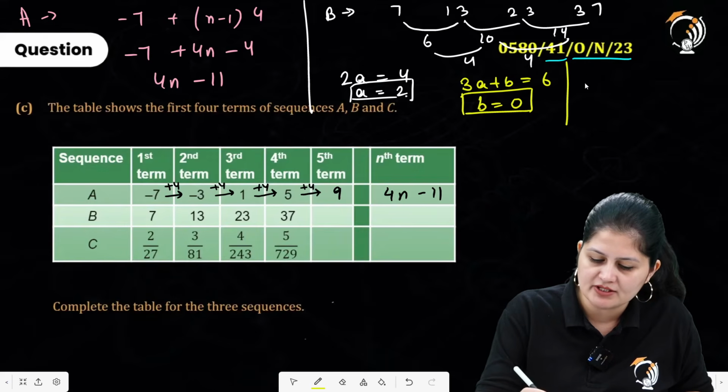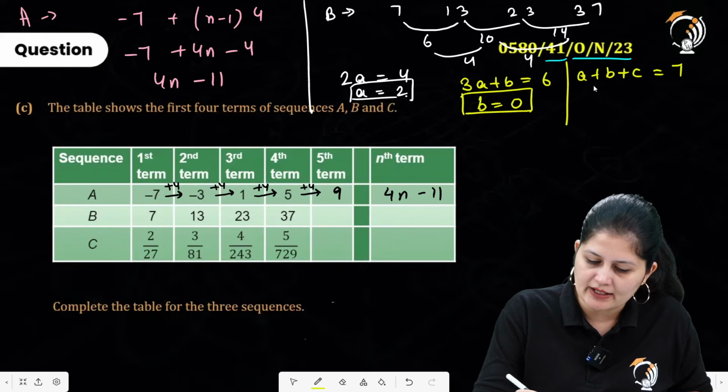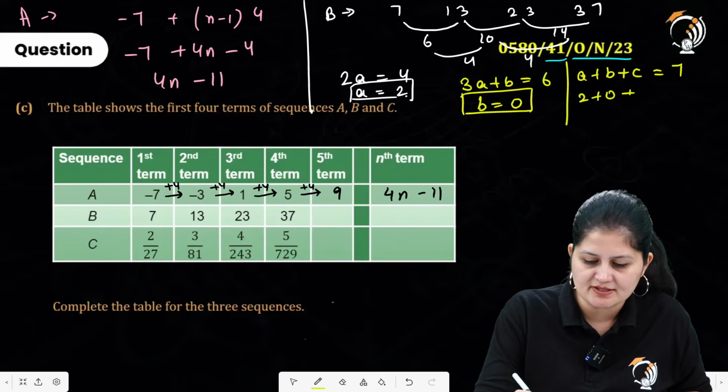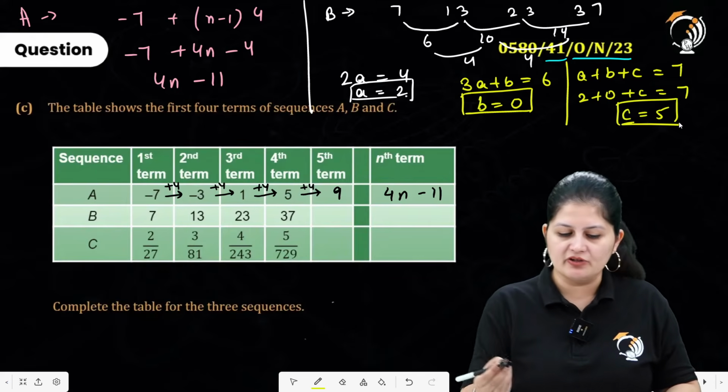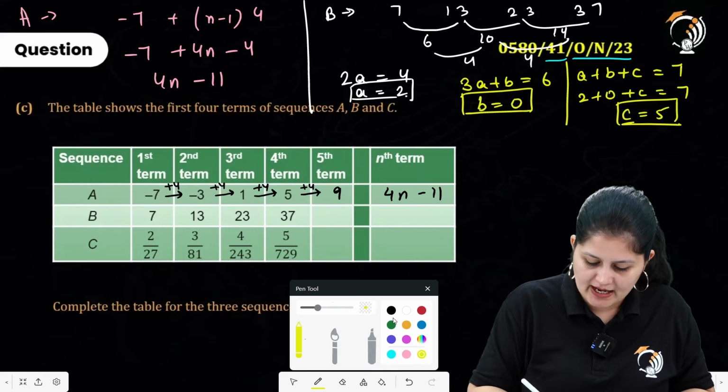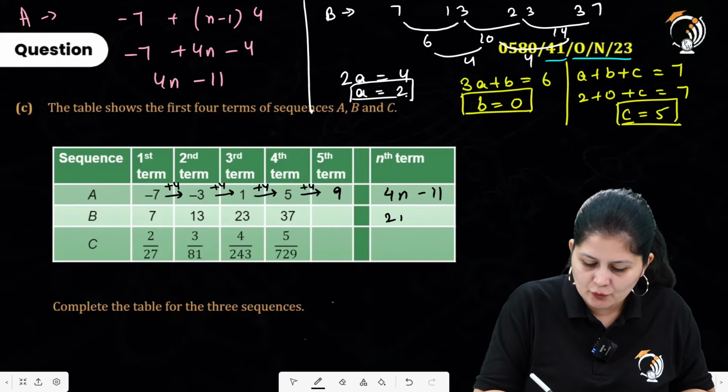Also, a plus b plus c would be equal to 7, so 2 plus 0 plus c is equal to 7. So we are getting c is equal to 5. So the general formula goes as 2n square plus 5, correct?